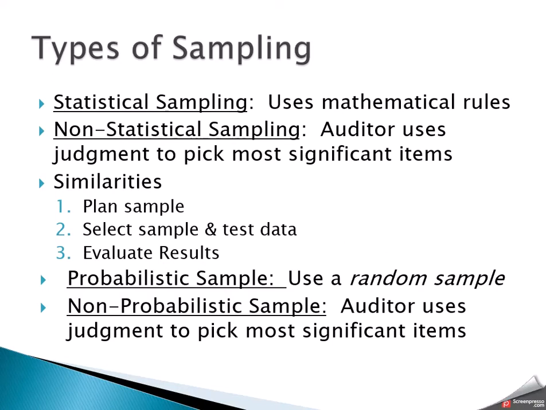We're going to look at these significant items, and we're not just going to randomly go through and pull different samples. The similarities are that you're going to plan the sample, select your sample, test the data, evaluate your results, and then make some sort of conclusion about the population as a whole.